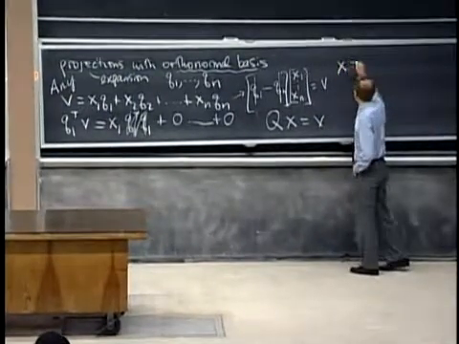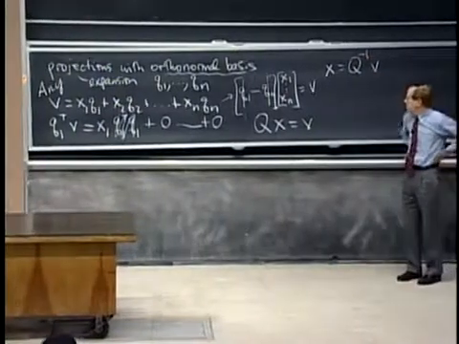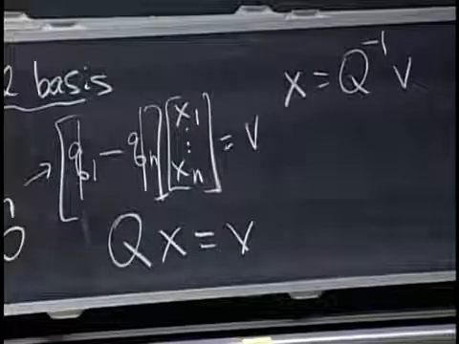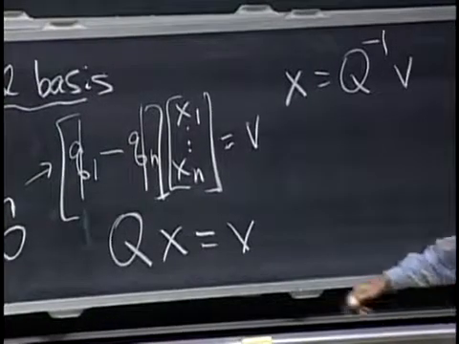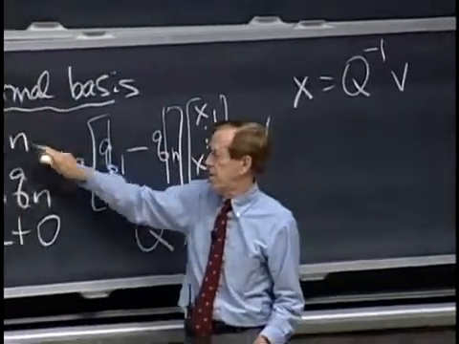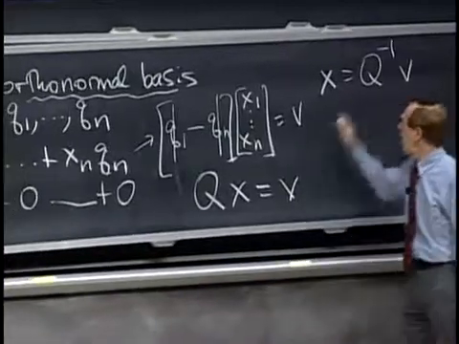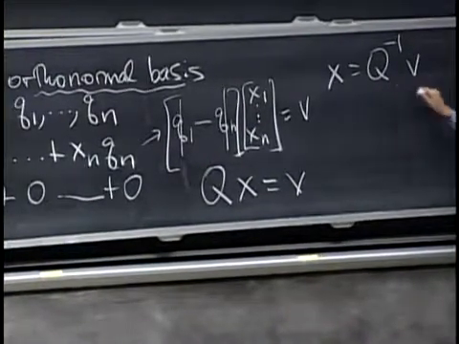So x is Q inverse v, but what's the point? Q inverse in this case is simple. I don't have to work to invert this matrix Q because these columns are orthonormal. I know the inverse to that, and it is Q transpose.